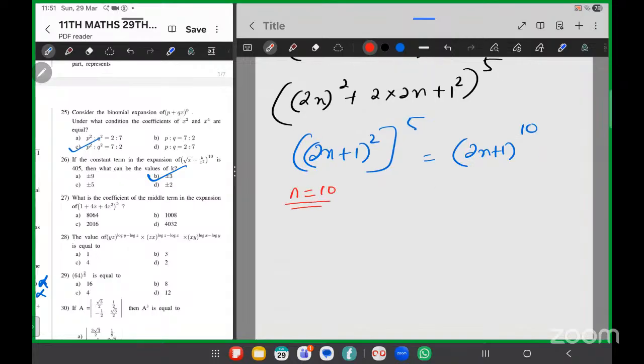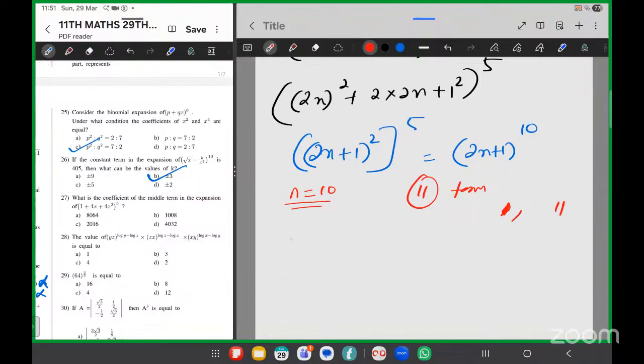So n equal to 10 means the power is even, so the number of terms will be 11. Only one middle term will be there. So counting 0 to 11, the middle term is the sixth term.